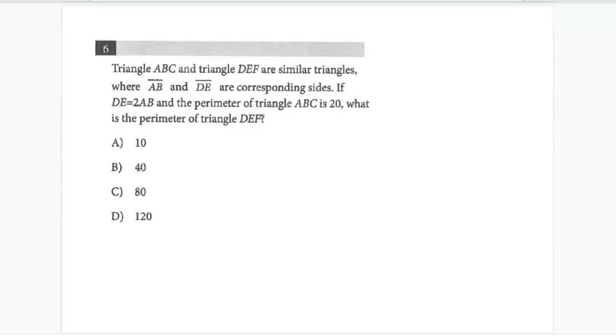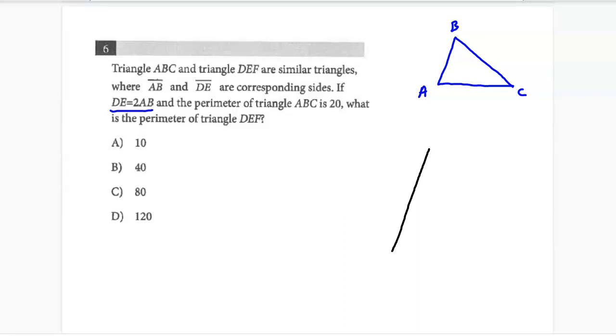So ABC and DEF are similar. Let's see who's bigger. If DE is twice the size of AB, so this kind of gives me a clue just on my drawing. So the side DE is twice as big as AB. So ABC is smaller. So let's just kind of draw this triangle. We're going to call it A, B, C. And then I'm going to do a big fella.